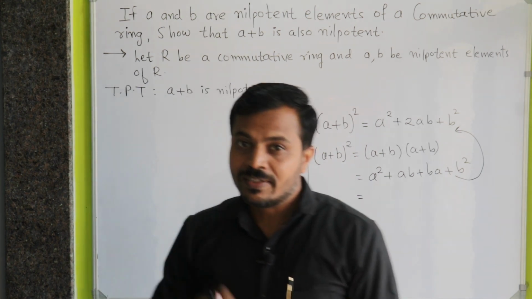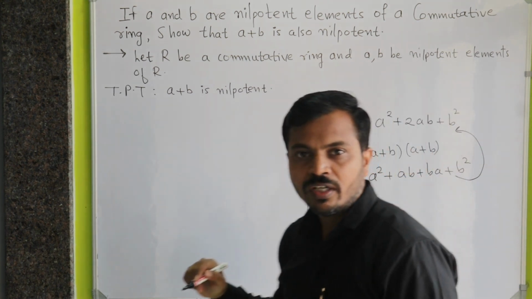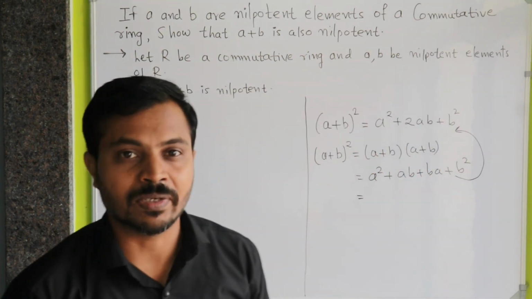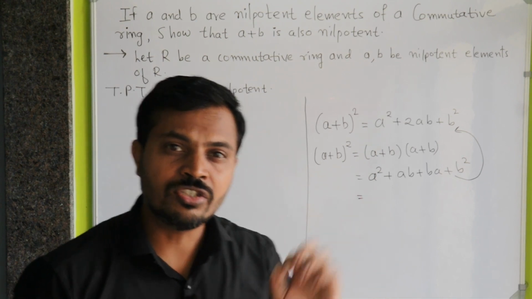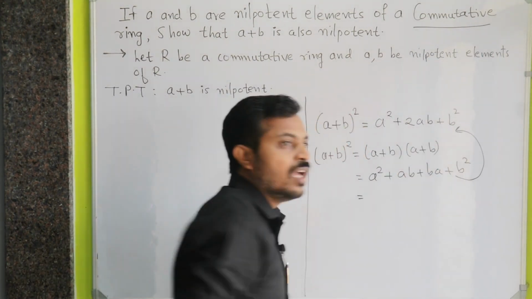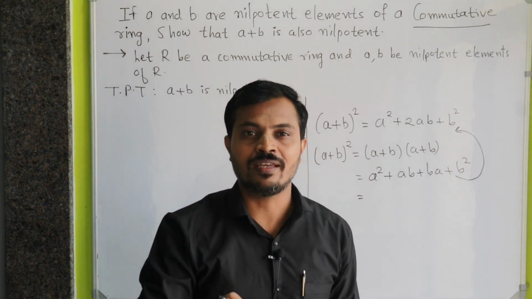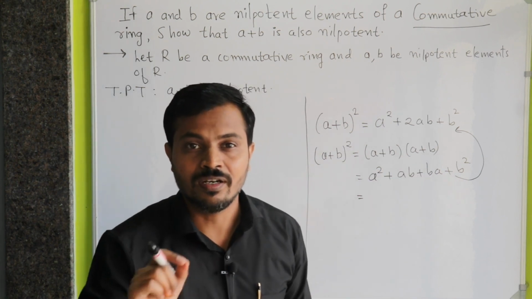Now this will be required in order to prove that the sum of two nilpotent elements is a nilpotent element, and the important condition that is given to us is that the ring is commutative. So as the ring is commutative, we can use the binomial theorem in this particular ring.